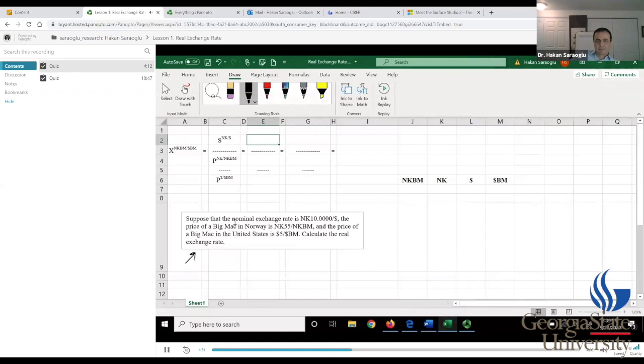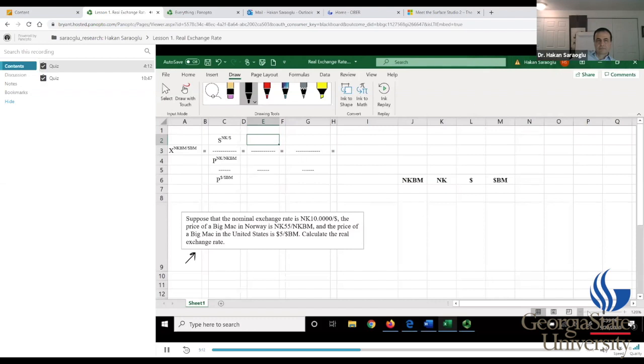So here, suppose that the nominal exchange rate is 10 Norwegian krone per US dollar, and also suppose that the price of Big Mac in Norway is 55 krone and the price of a Big Mac in the US is $5.